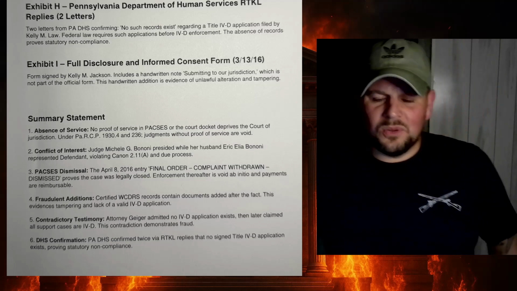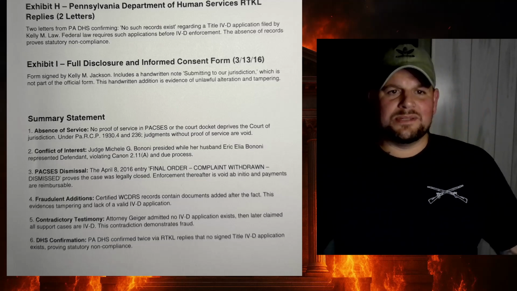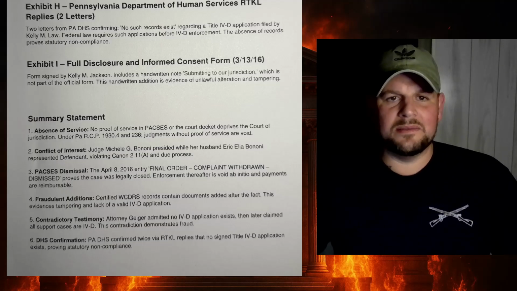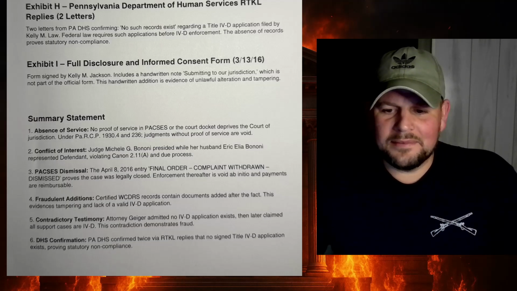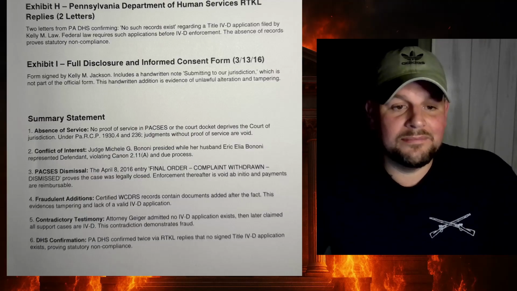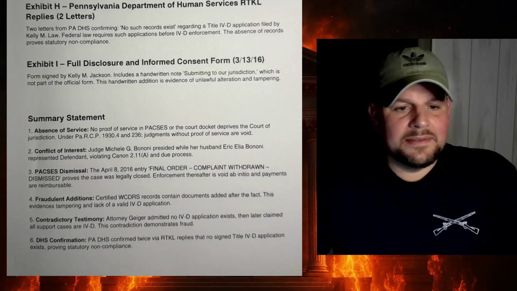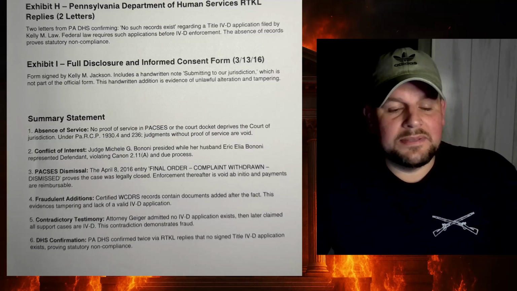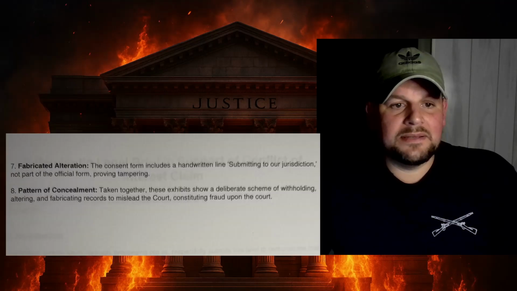Sometimes I think, did the lawyers teach this, or is this just a natural God-given right to be a blithering idiot and liar? And then we got the DHS confirmation, which we talked about. That's the two papers that the Department of Human Services said, no, we don't have any Title 4D case. Let's see what we got here.